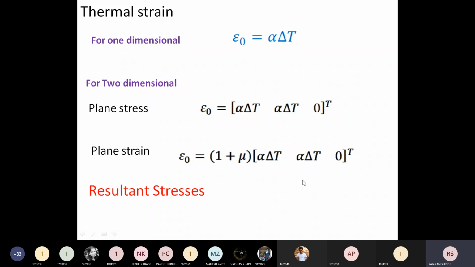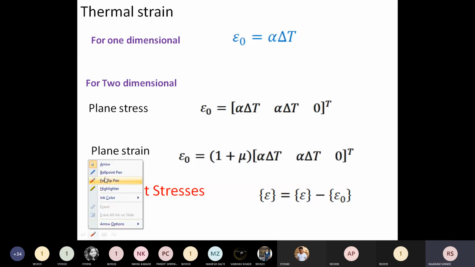Okay, now here resultant strain, when we consider thermal strain as the initial strain, is epsilon is equal to epsilon minus epsilon 0. This is the total strain, and this is the initial strain. Okay, here you have to remember this equation.